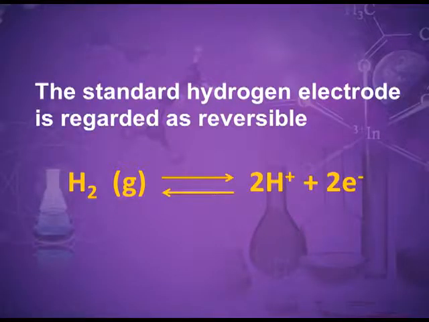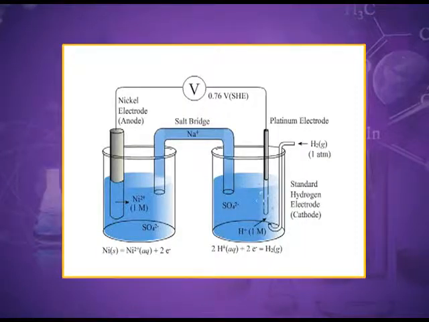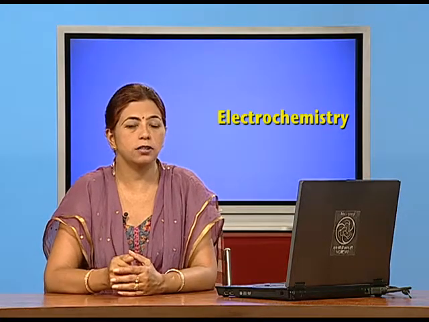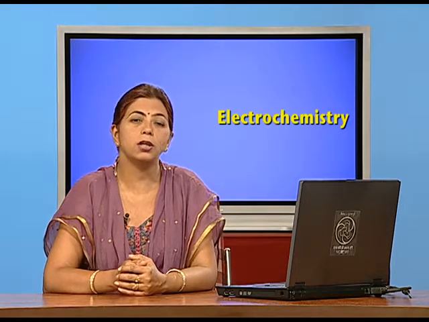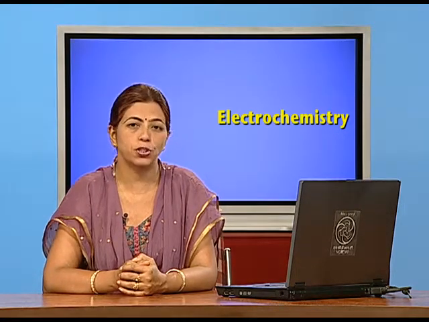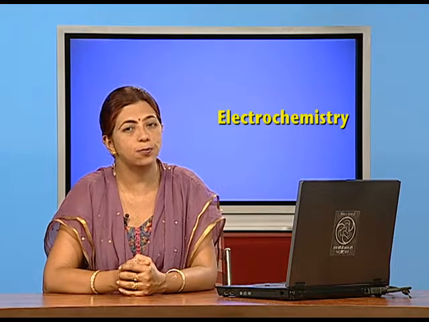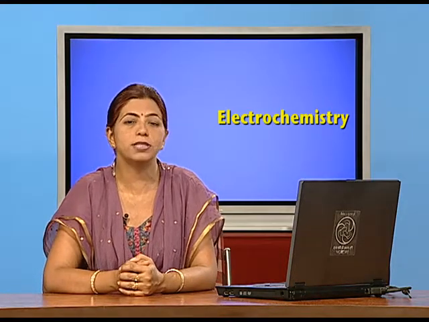Just see the reaction, the conversion of the elemental state into the ionic state and the reverse reaction. In the figure, you can see that the standard hydrogen electrode is connected to another half cell. It is a nickel half cell. SHE acts as the other half cell, and the two cells are internally connected through a salt bridge, the function of which was made clear to you in the previous class.